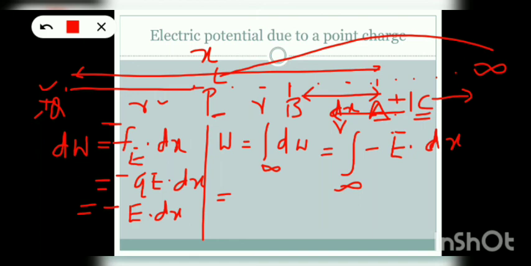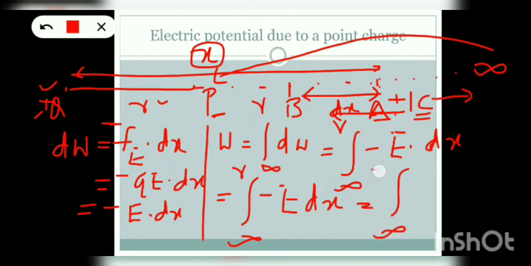Because here we are considering the electric field at the point A, and A is at a distance of x from the charge Q. So we need to consider this distance x here. So we can write infinity to R, and E dot dx is E dx itself. E dx equals the integral from infinity to R of 1 by 4 pi epsilon naught into Q by x square into dx. We don't have enough space here, so let's move to the next slide.